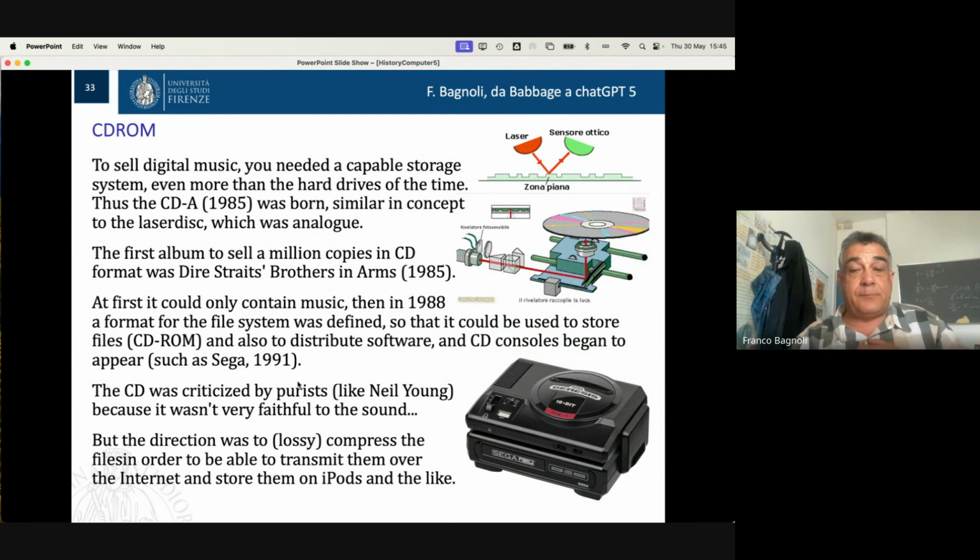But clearly, in order to have digital sound, you have to sample the music in a certain number of levels, and purists like Neil Young never appreciated this idea of replacing a continuous analog system, which always had some kind of noise.